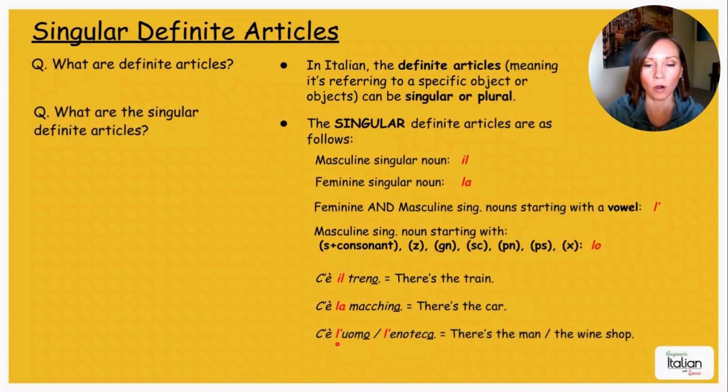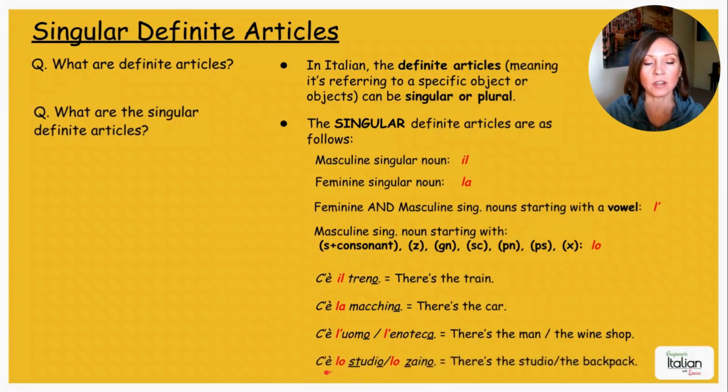C'è l'uomo or c'è l'enoteca. There's the man or the wine shop. Okay, so here we have an L plus apostrophe, okay, like that, because the noun is starting with a vowel. Okay, so L apostrophe and then uomo, L apostrophe enoteca.